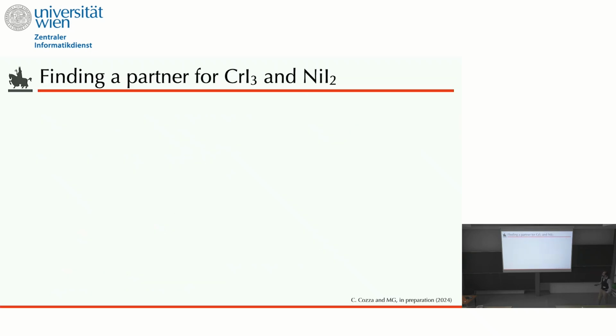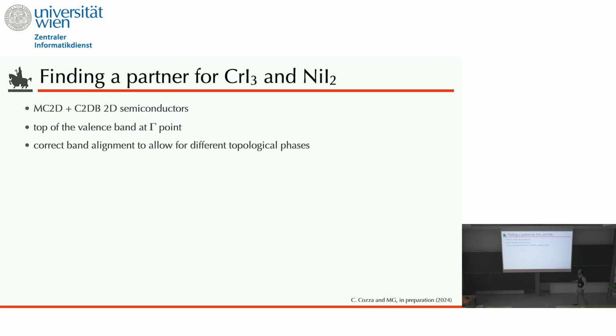So we started to look for possible candidates for these 2D materials by looking at materials in the Materials Cloud, so our database and the DTU database. We were looking for materials with the top of the valence band at the gamma point, where also the top of the valence band is present for the chromium triiodide and nickel iodide, but with the correct band alignment to get possibly a good topological phase.